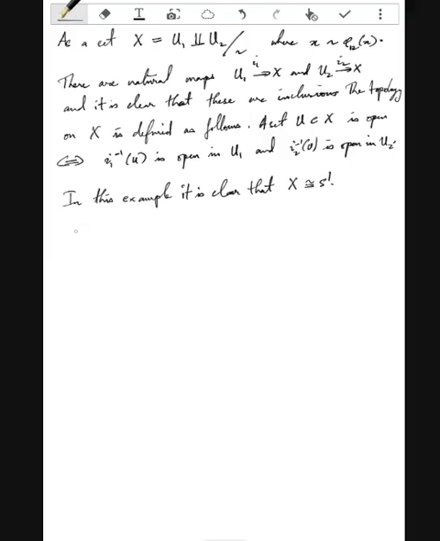More generally, the gluing construction is done as follows. Suppose we have the following data.